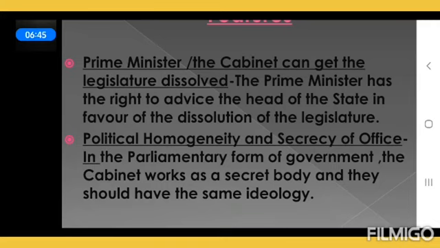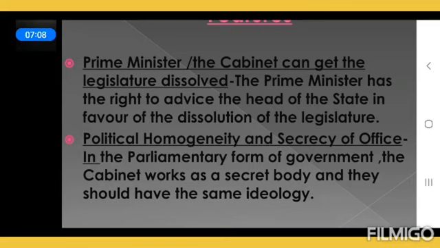If the prime minister gives advice for the dissolution of the legislature, then the president has to accept the advice. We can also say that if a minister does not work according to his wishes, then he can dissolve the parliament. Or if the government is in minority, at that time the president will dissolve the government.